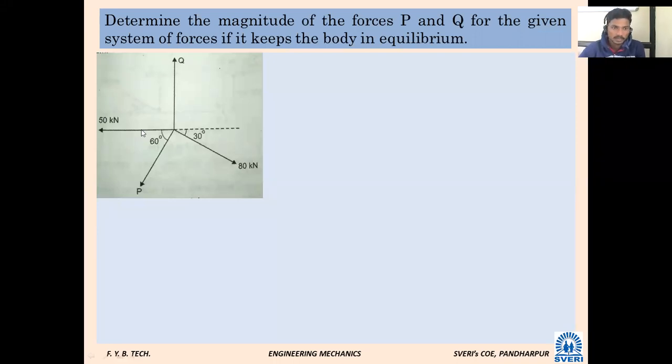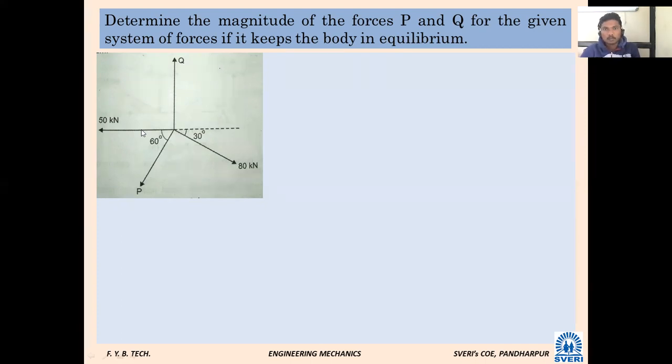So what is given, just see. There are certain forces. Some are known to us, some are unknown to us. Whatever the number of forces acting on the body, these are keeping the body at rest, or it is given as this keeps the body in equilibrium.